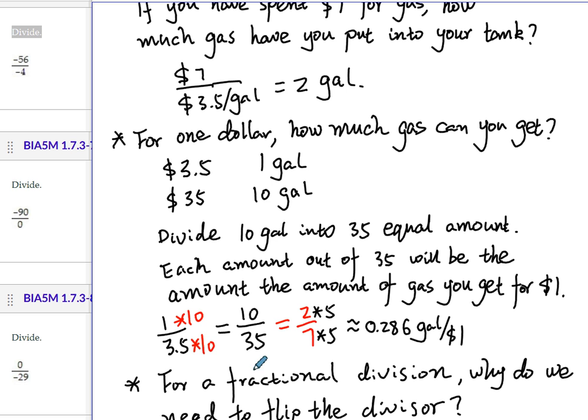Here you ask per dollar, how many gallons you can get. So you use 3.5 as the denominator. You want to see how many 3.5 is contained in 1. Not that many. It's 0.286.